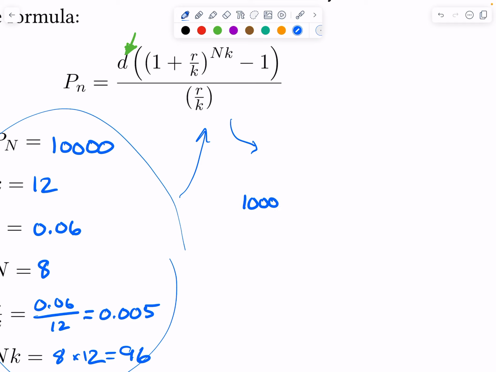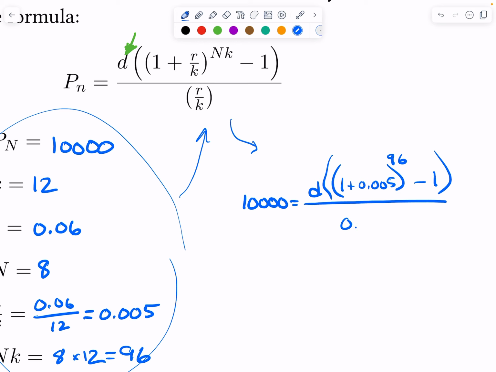So 10,000, and we're going to have to do just a little bit of algebra. I know it's uncomfortable. 10,000 is equal to D times 1 plus 0.005 to the 96th power minus 1 over 0.005.